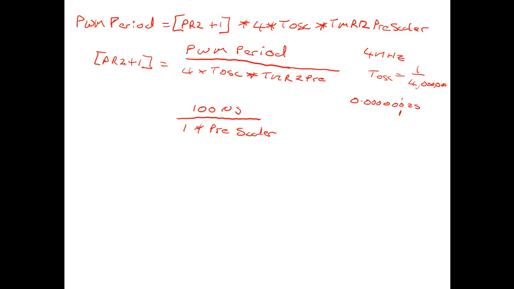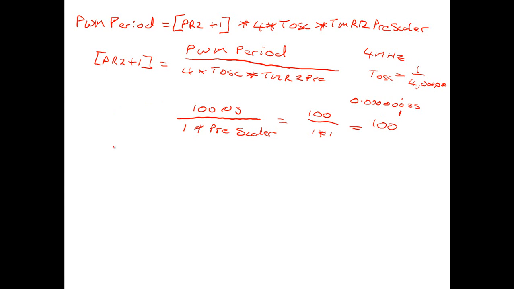Now, if you were looking at PR2, you'll have found that it was an 8-bit register, so we can fit any number between 0 and 255 into that. For the moment, we'll assume that we're going to put the prescaler at a value of 1, so that's basically 100 over 1 multiplied by 1, which is just 100.